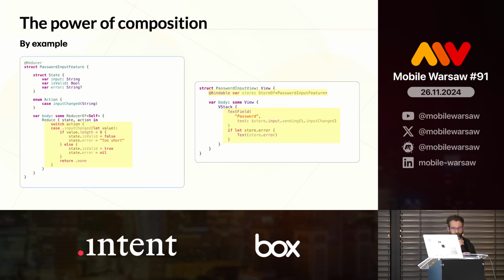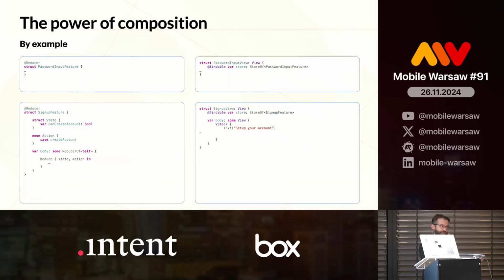Okay, and now we can create a view that works with this small feature. It takes the store of this feature and basically binds to the state and binds to the action, like the input and input changed. And if we have an error message, it also will display it, right? Okay, so that is nice because we can create this small component, we can test it, like create unit and snapshot tests just for it without really caring about the big sign-up.